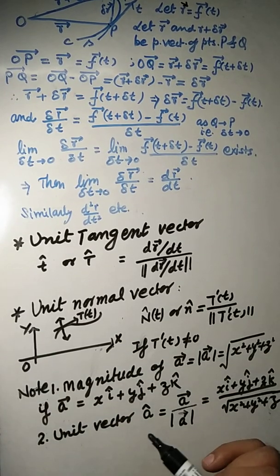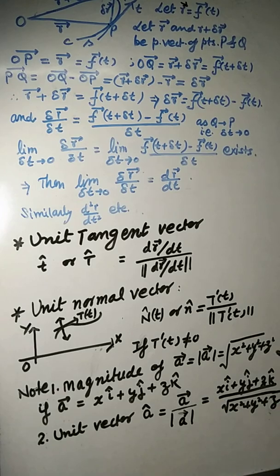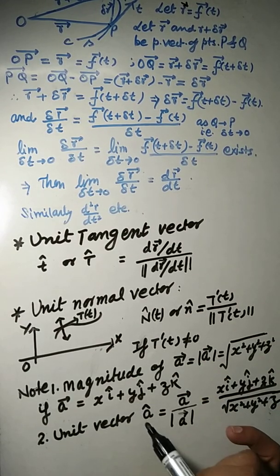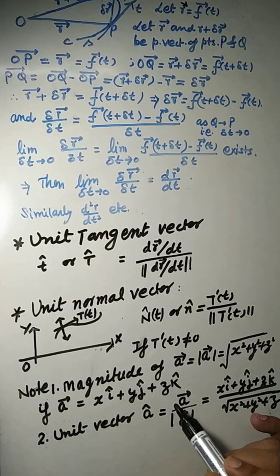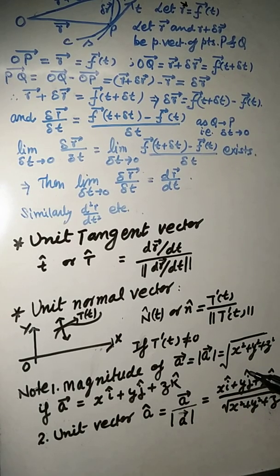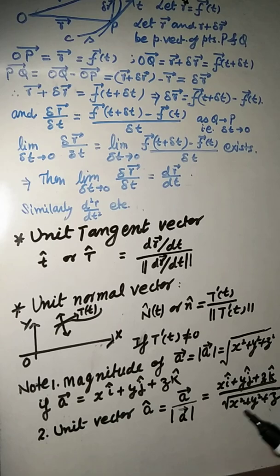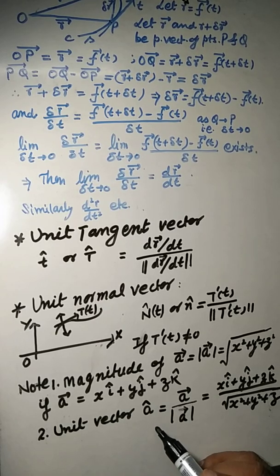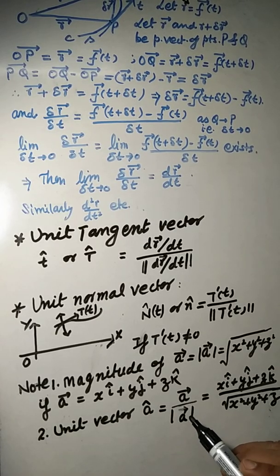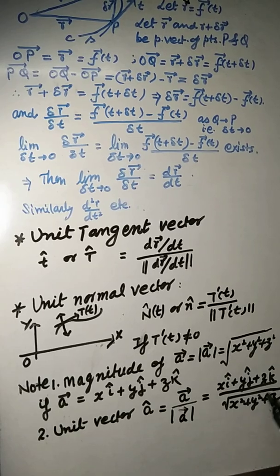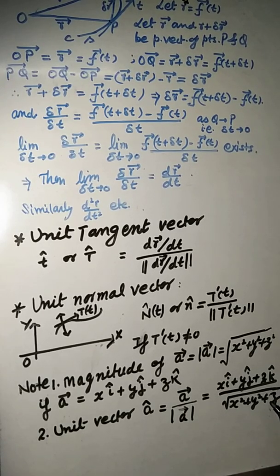Now the magnitude of vector A, where A is given by x i cap plus y j plus z k, will be denoted by square root of x square plus y square plus z square. Also we will obtain the unit vector A cap equal to vector A upon magnitude of A. So we will obtain it in this way.